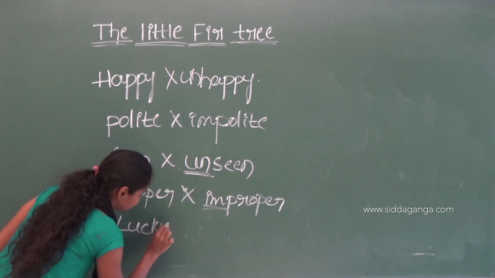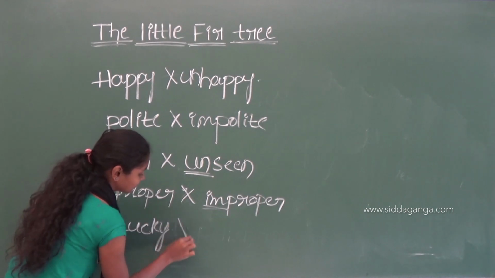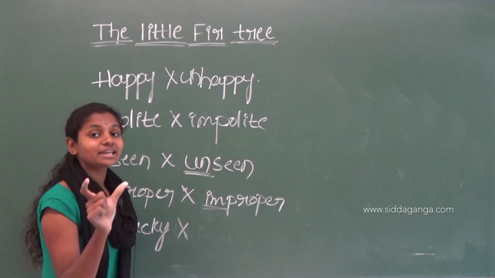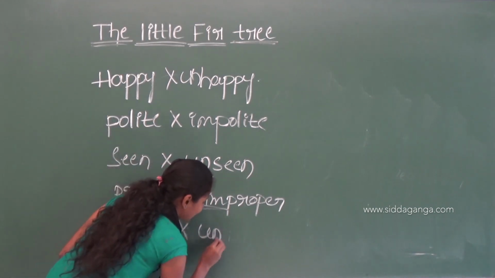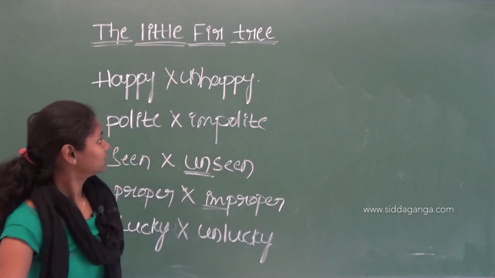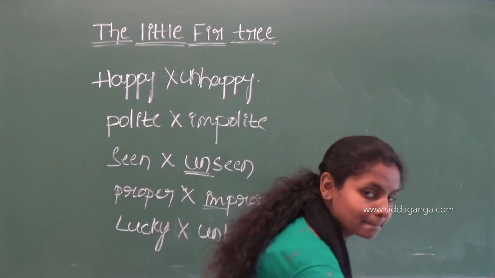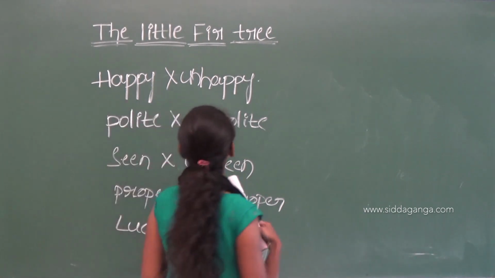What is the opposite word for the lucky? That is unlucky. Okay, that is unlucky. Understood? Next, possible.